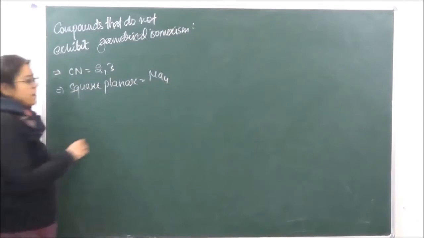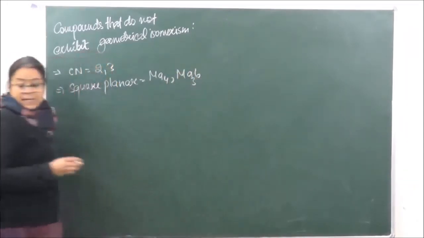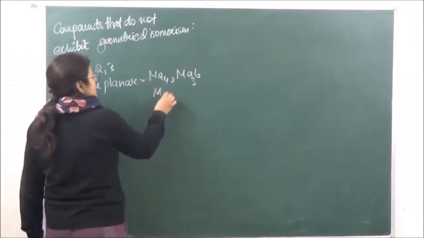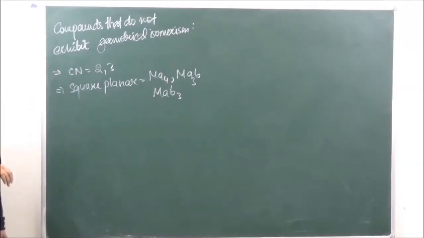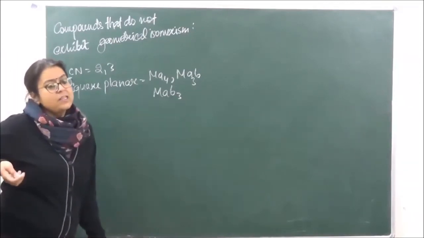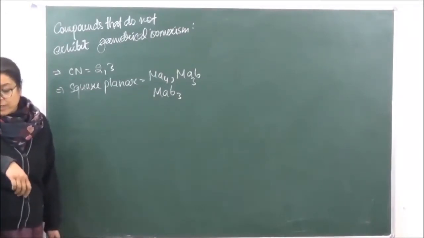Then Ma3b, right? Then after that we have MaB3. All these are not going to show geometrical isomerism because whenever you are rotating the position, they will occupy adjacent positions only. So they are unable to show geometrical isomerism.